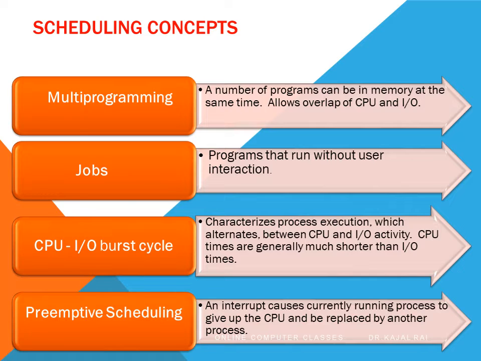Otherwise there may be other processes which get the CPU. This is the case in preemptive scheduling. The process can't hold the CPU for a long time. Whenever the interrupt occurs, it releases the CPU and resumes its execution after getting the CPU back.